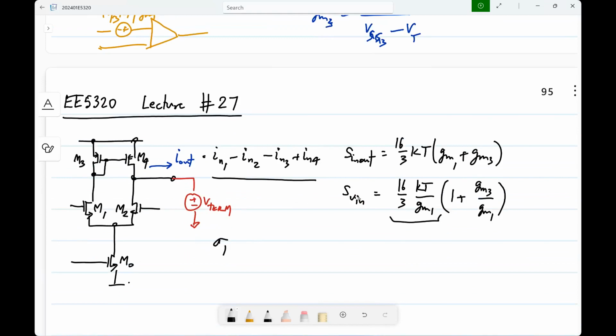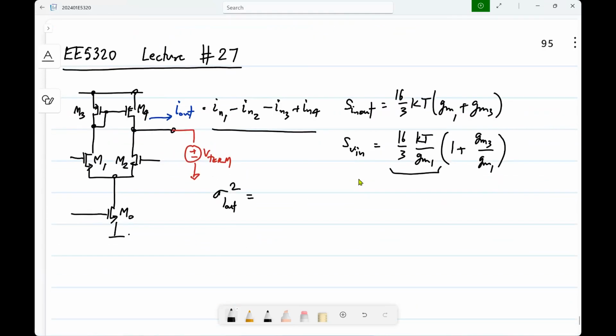Similarly, this is the absolute variance of the output current. What was it?